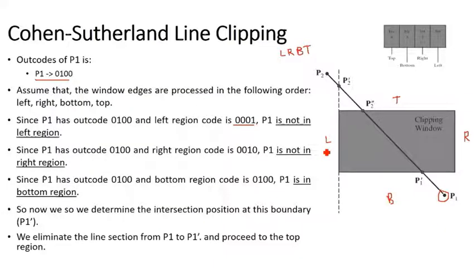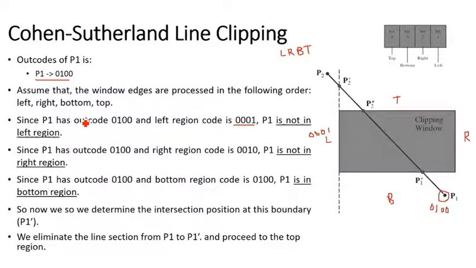The left region code will be 0001, the AND operation will give me false. So if the AND operation between the region code and the outcode of the point is false, that means that point is not in that region. That is what I do with left region.